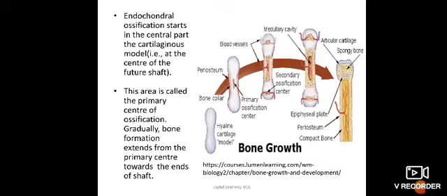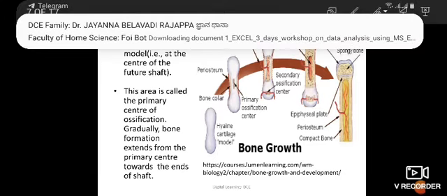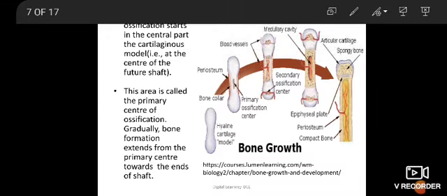Gradually, the bone formation extends from the primary center towards the end of the shaft. This also you can see in the second part of this picture. The periosteum is seen at the center for primary ossification.